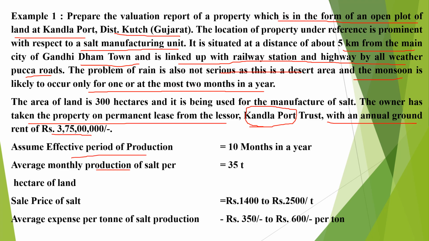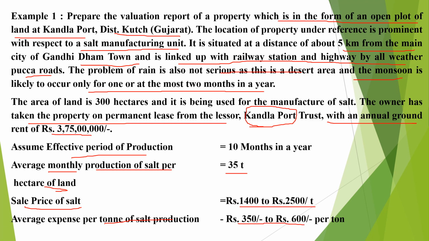Average production of salt is 35 ton per hectare of land per month. Sale price of the salt is 1400 to 2500 per ton. Average expenses are 350 to 600 per ton.